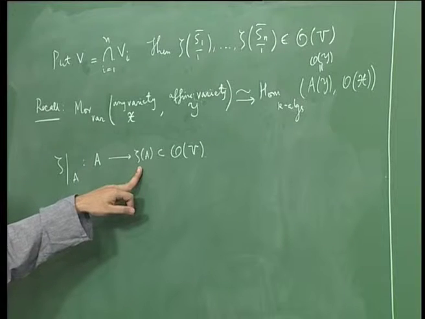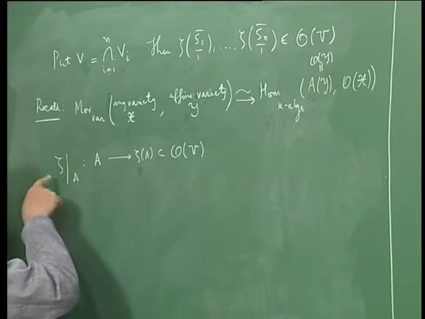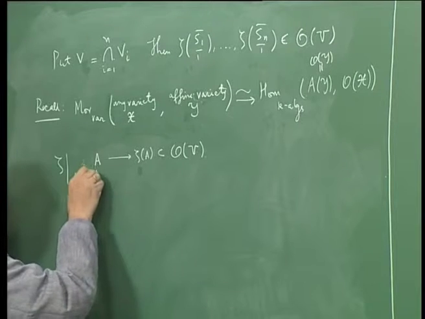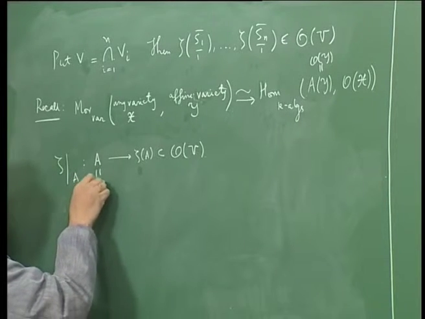As a result you get a K algebra homomorphism from A, which is A of x1, to OV.